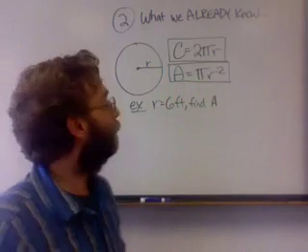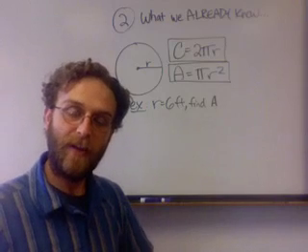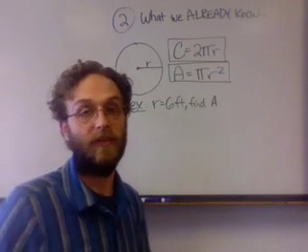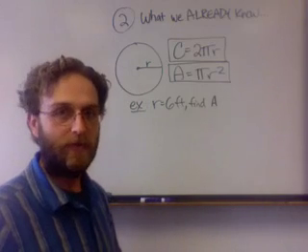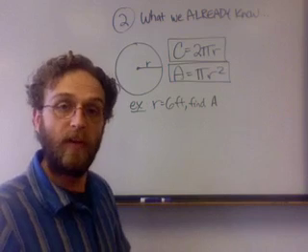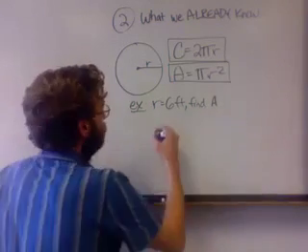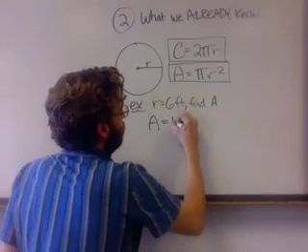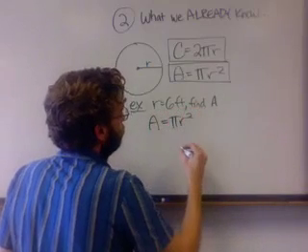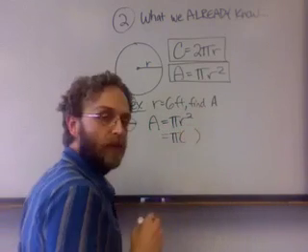Alright, so if we were given an example like, I've got a radius of a circle that's 6 feet, and I would like to know what the area, the surface area of that circle is. How do we find that out? We use the formula for the area of a circle, and we plug in our value of radius. Let's see what we get. Area equals pi r squared, and our r in this case, we're going to substitute in 6.